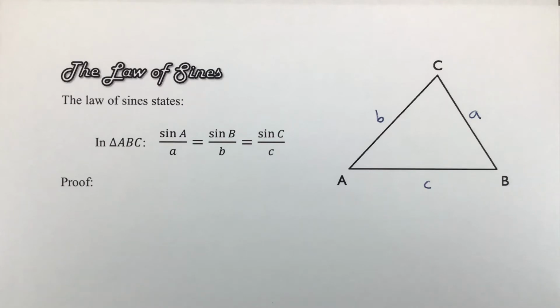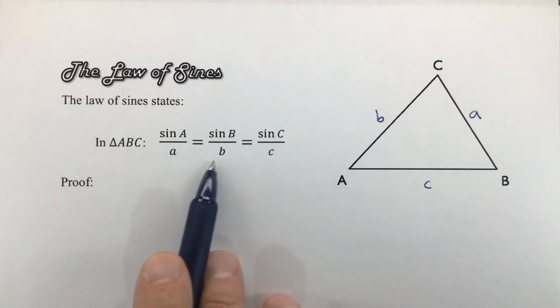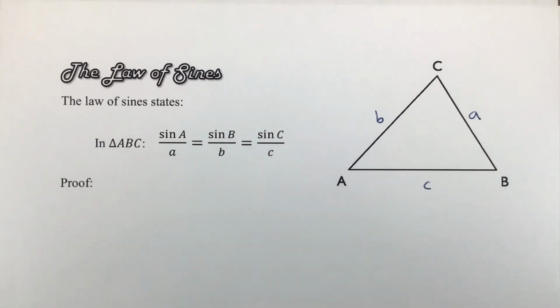We're going to prove that the law of sines is actually true, before we actually start doing any of the problems. Remember that trigonometry is based in right triangles. So all the stuff that we did before with the ratios, like the sine of an angle is equal to the opposite over the hypotenuse, is going to come into play here, and it's going to prove that you can do the law of sines with any type of triangle you have.